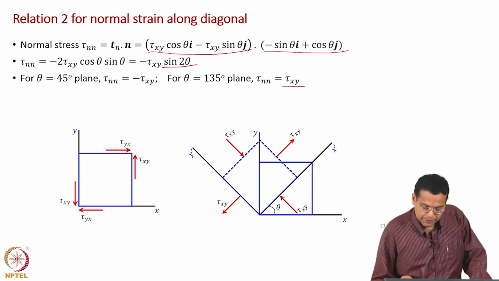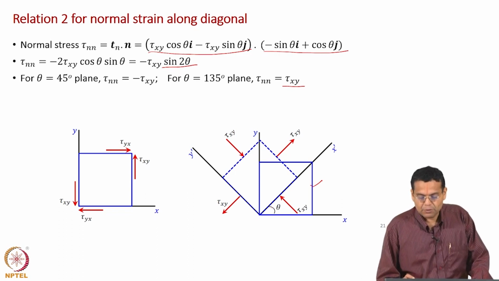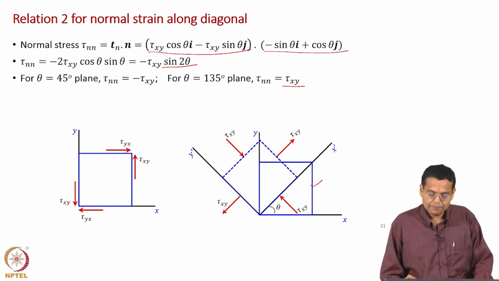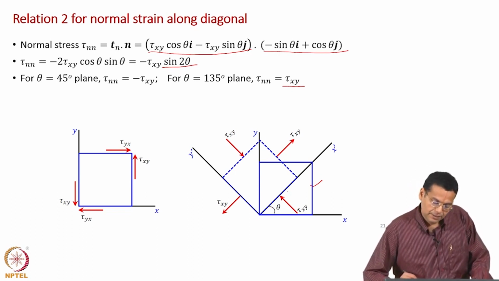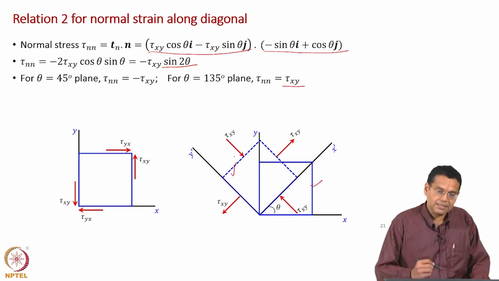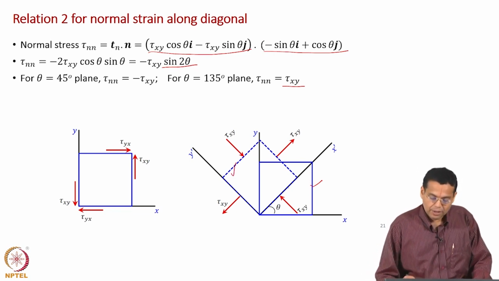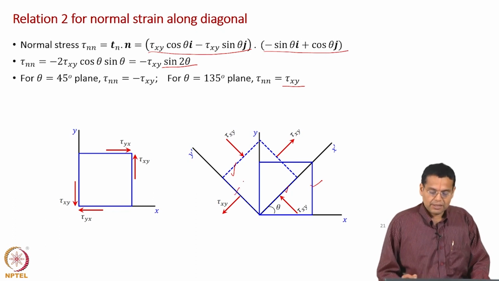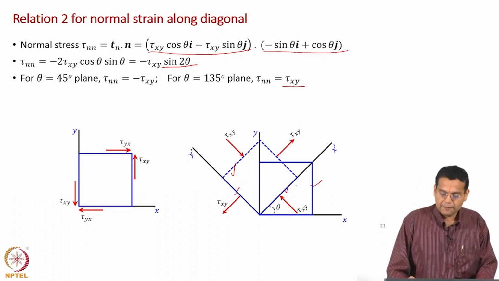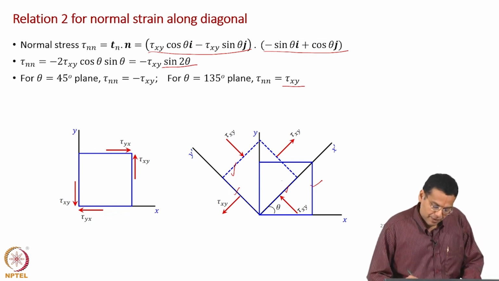This boundary represents the original stress element. This represents the rotated stress element. Why rotated? Because one plane is along the diagonal, and the other plane is 90 degrees left of the diagonal. Now, we have considered this plane, and remember our tangent vector was like this and the normal vector was like this.